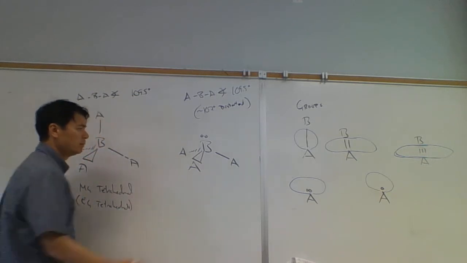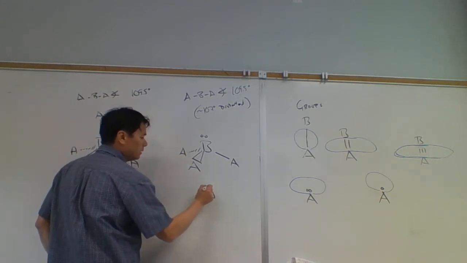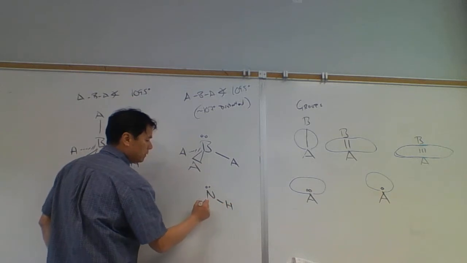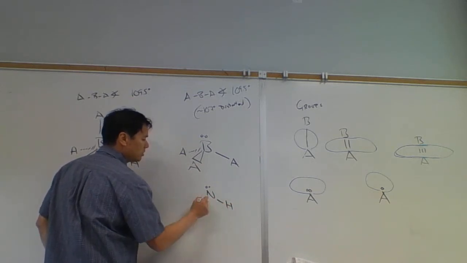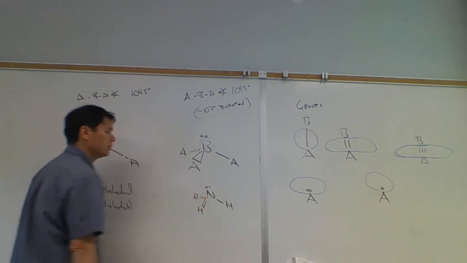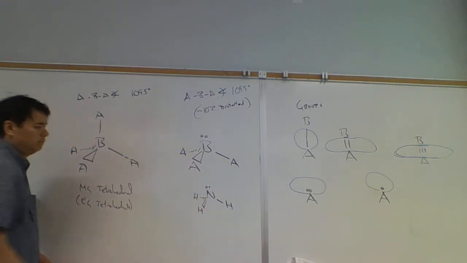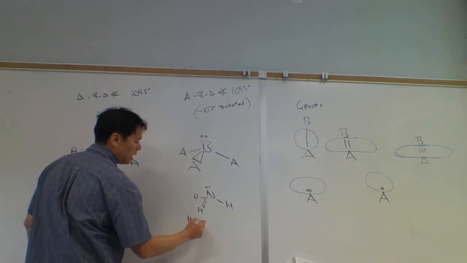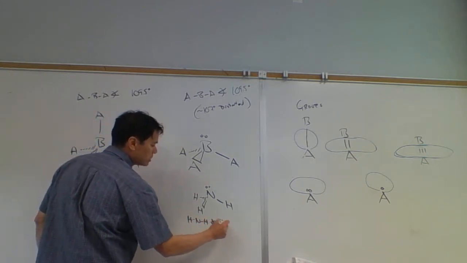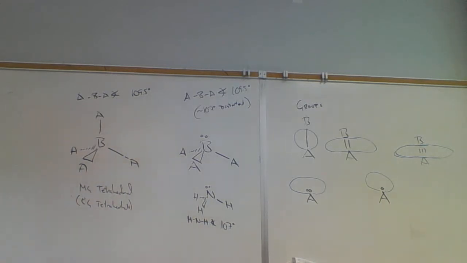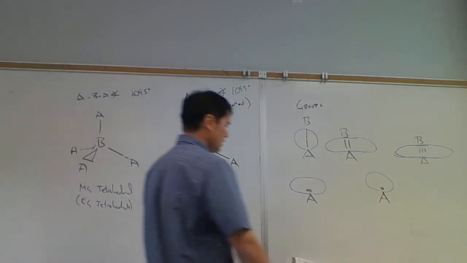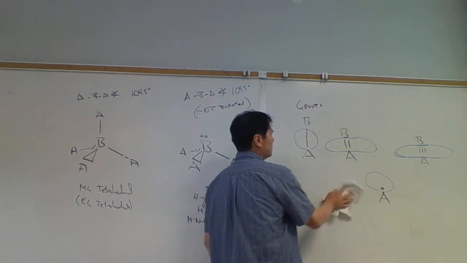An example of this would be ammonia. In ammonia, the H and H angle is 107. We expect it to be 109 undistorted. That's because lone pairs take up more space than single bonds.